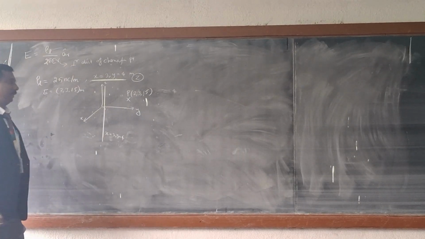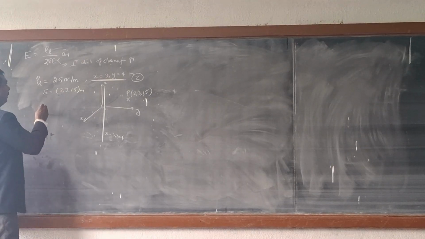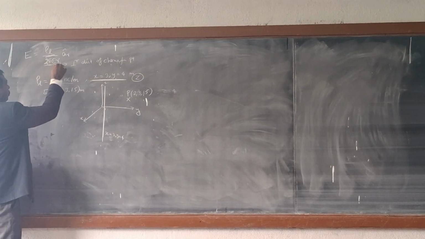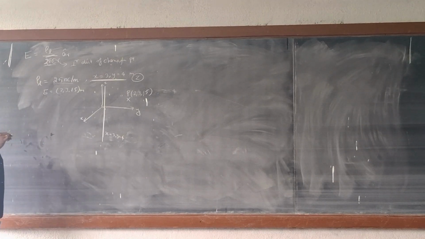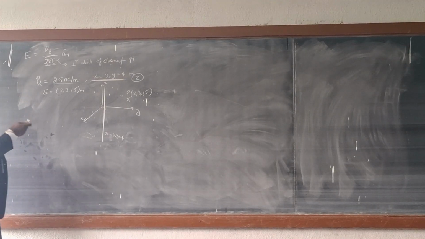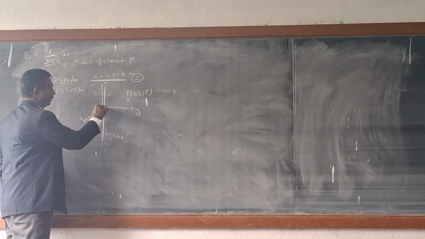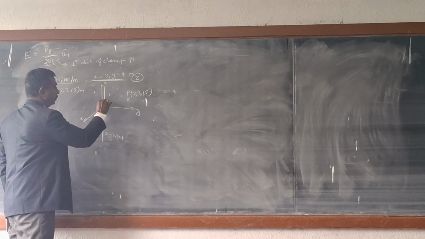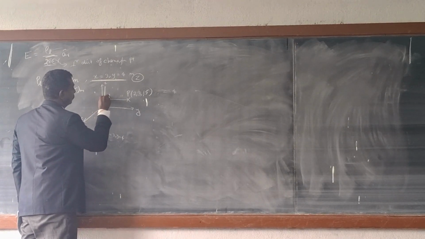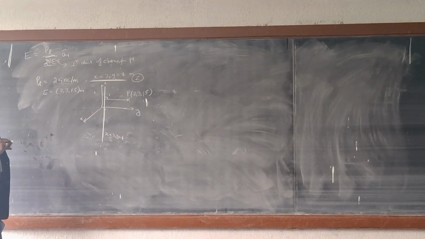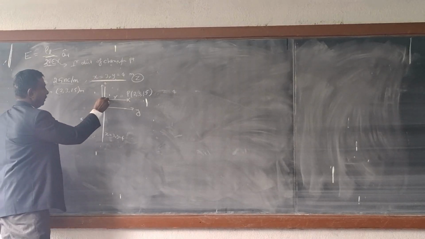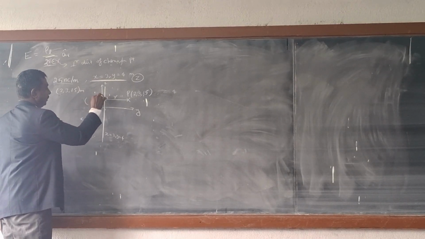The point is 2, 3, 15. As per the formula, rho L is given, 2 pi epsilon are constants. The only thing you have to find is R. R is nothing but the radius from charge to that point. So I am going to draw a perpendicular line from charge to this point. For finding R, I need the coordinates of this point also.